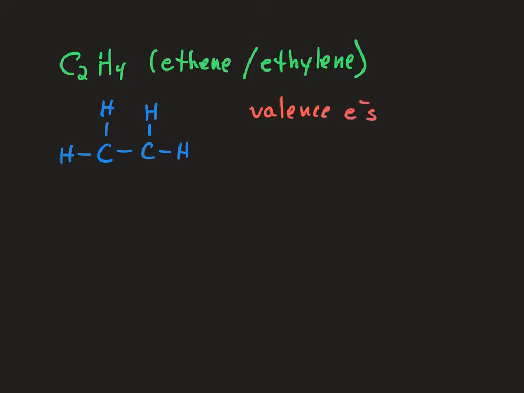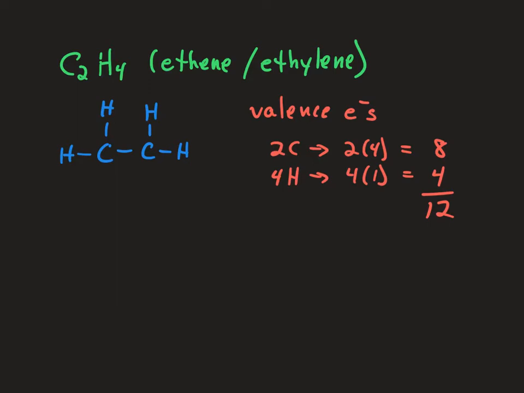Two carbons, that would be 2 times 4, which is 8, and our 4 hydrogens would be 4 times 1, which is 4. So we have 12 valence electrons to distribute.